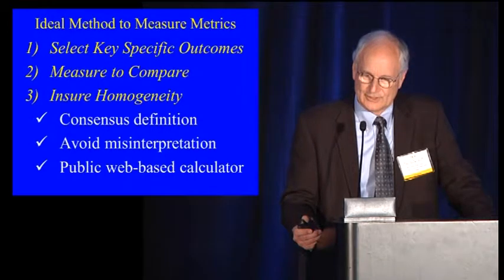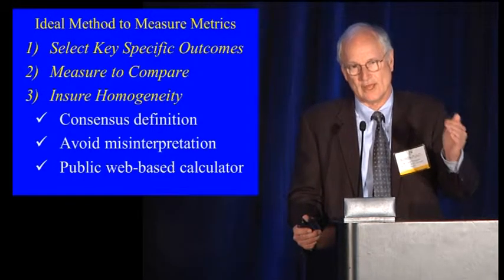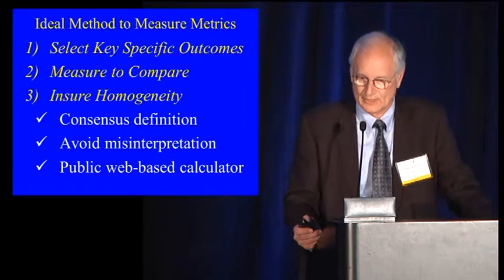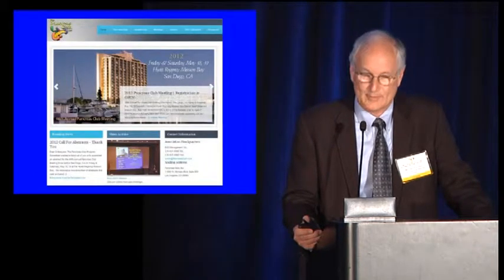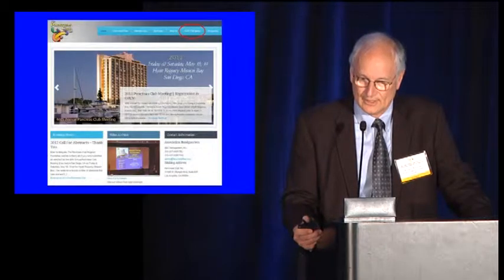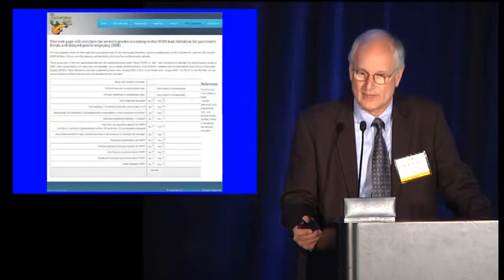So let's just talk about how one would go to calculate your own cases, and then I'm going to hand it off to Mike Kendrick. So if you go to the Pancreas Club website, at the upper top it says ISGPS calculator. Click on that, and it'll bring you this 14 question table.